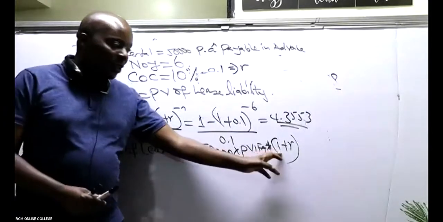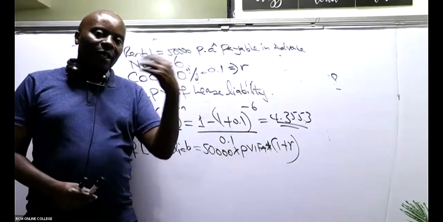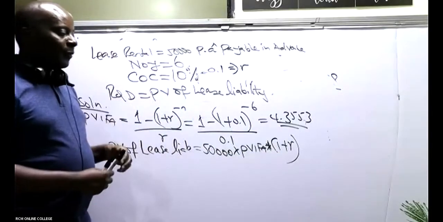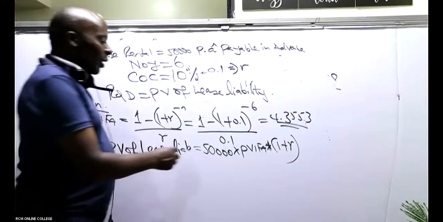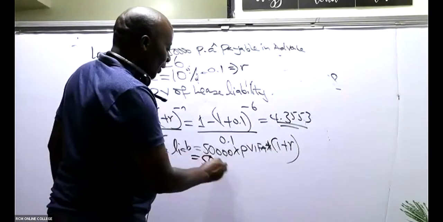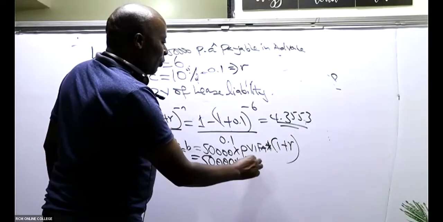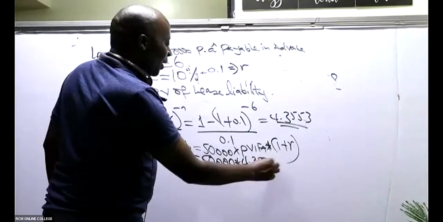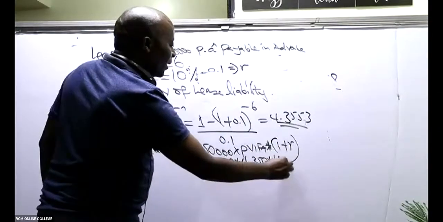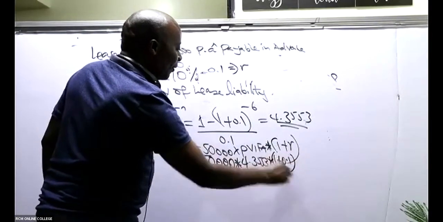You should always add this 1 plus R, taking care of that term which comes up front. So this one will be 50,000 times our PV-FA of 4.3553 times 1 plus 0.1.